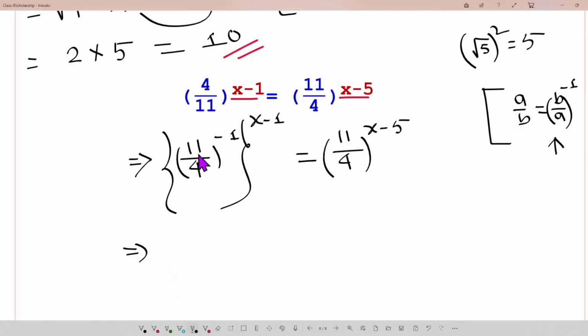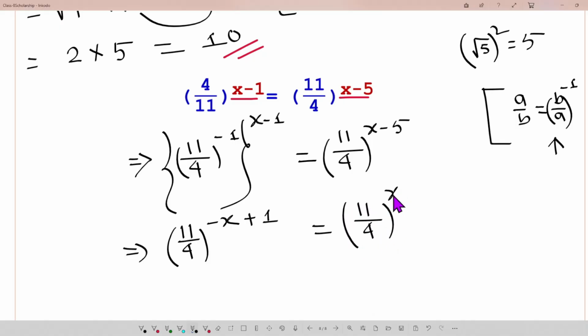Now here is 11 by 4, and then minus 1 times x will be minus x, and minus 1 times minus 1 will be plus, so here is 1. And here is 11 by 4 to the power x minus 5.